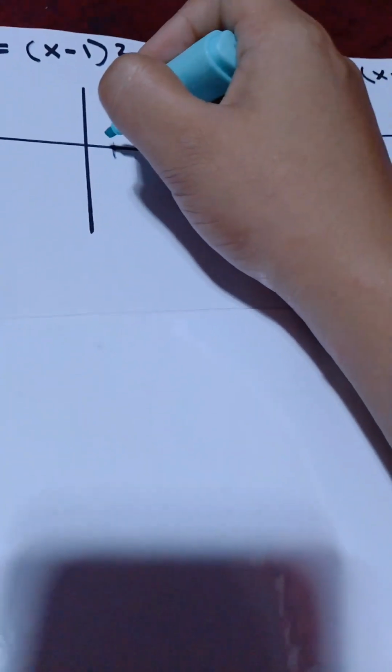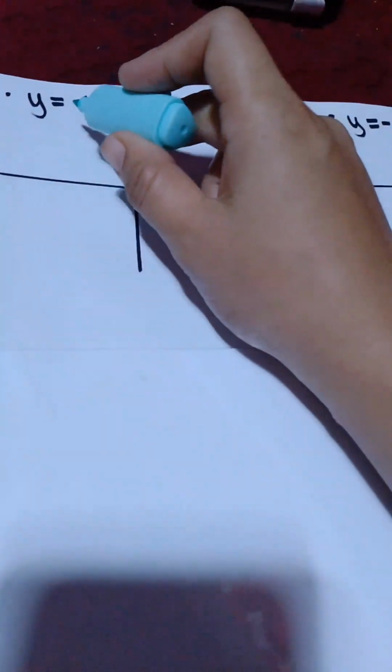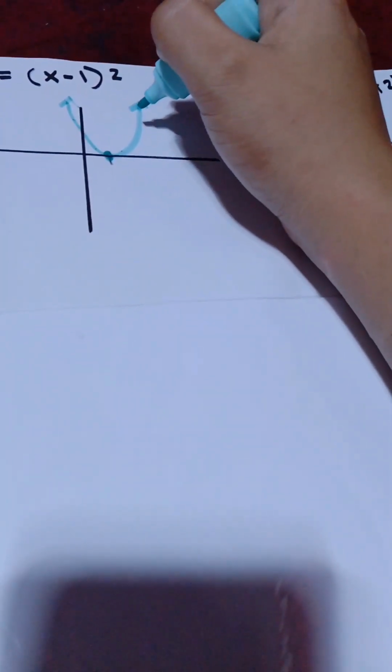That's where our vertex will be located. And since it's positive, the graph will look something like that.